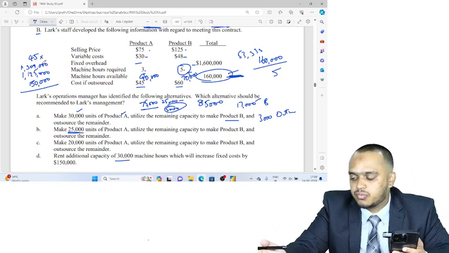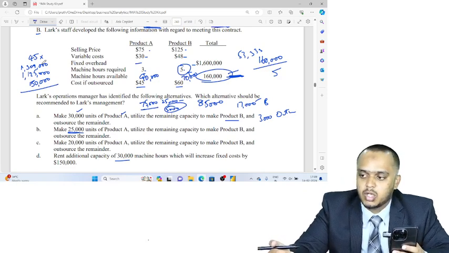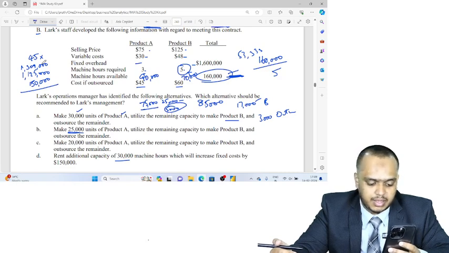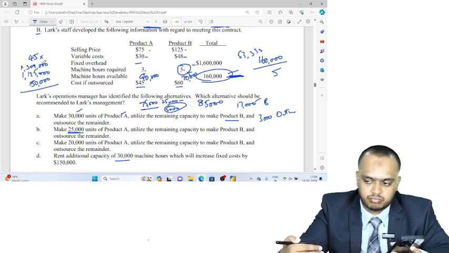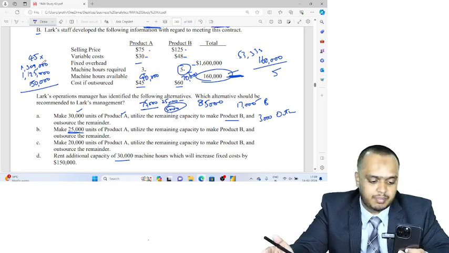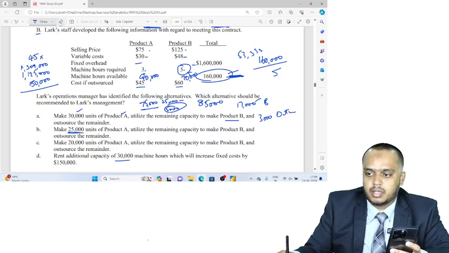Then add on further 3,000 that I have to outsource. So 3,000 I am outsourcing means 125 minus 60, because the cost to outsource is 60. 125 minus 60 is 65. 65 multiplied by 3,000 equals 195,000.